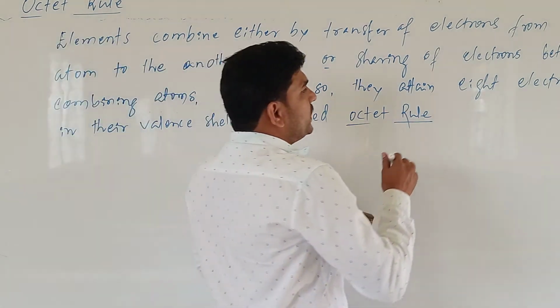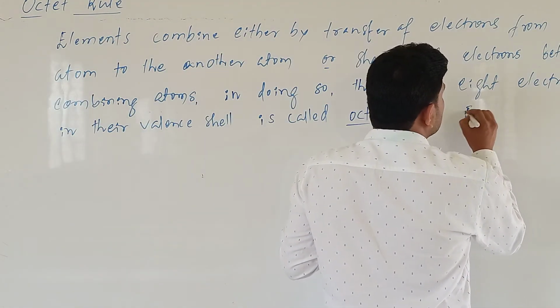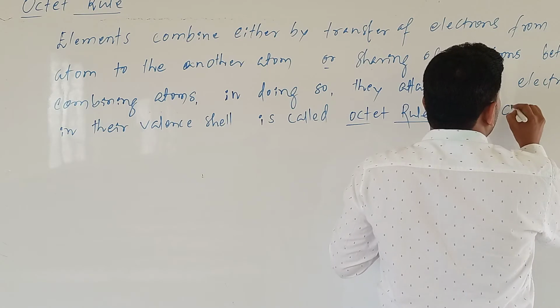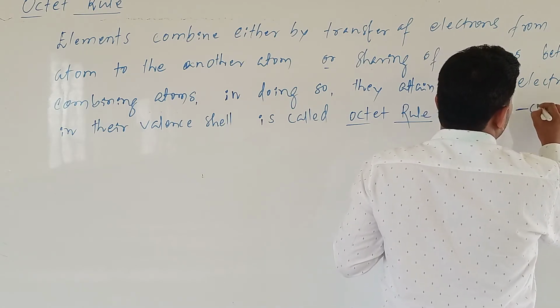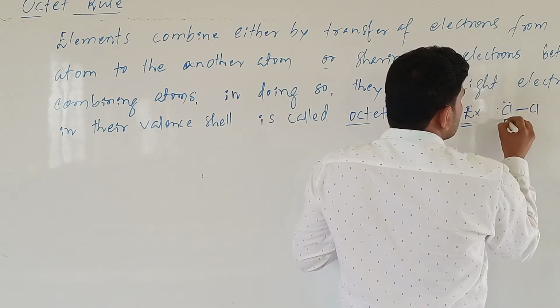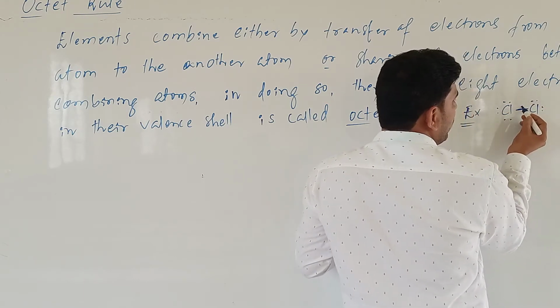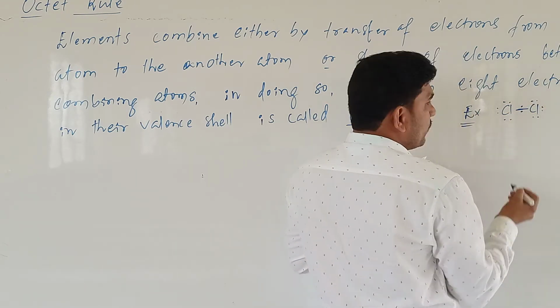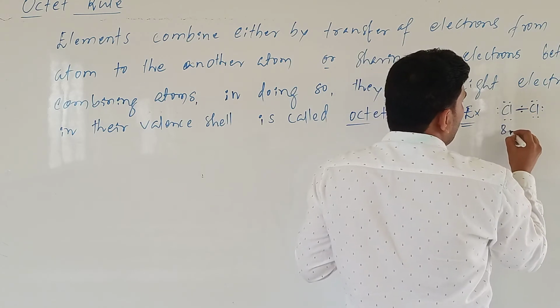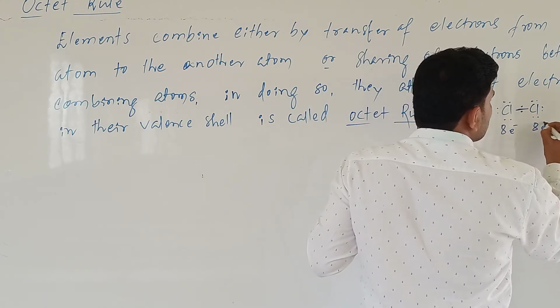In the case of chlorine, what happens? In the formation of the chlorine molecule, how many electrons were there? Over here 6, over here 2 electrons. These 2 electrons are nothing but 1 electron from each chlorine atom. Sharing also satisfies what? Octet.